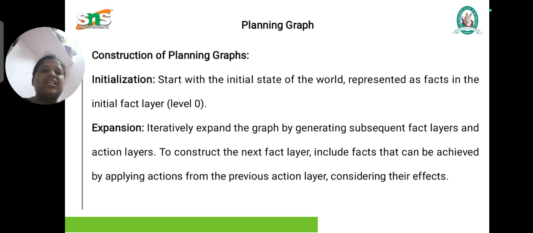How can we construct a planning graph? Initially, start with the initial state of the world, represented as facts in the initial fact layer, that is level 0. Expansion: iteratively expand the graph by generating subsequent fact layers and action layers. To construct the next fact layer, include facts that can be achieved by applying actions from the previous action layer, considering their effects.